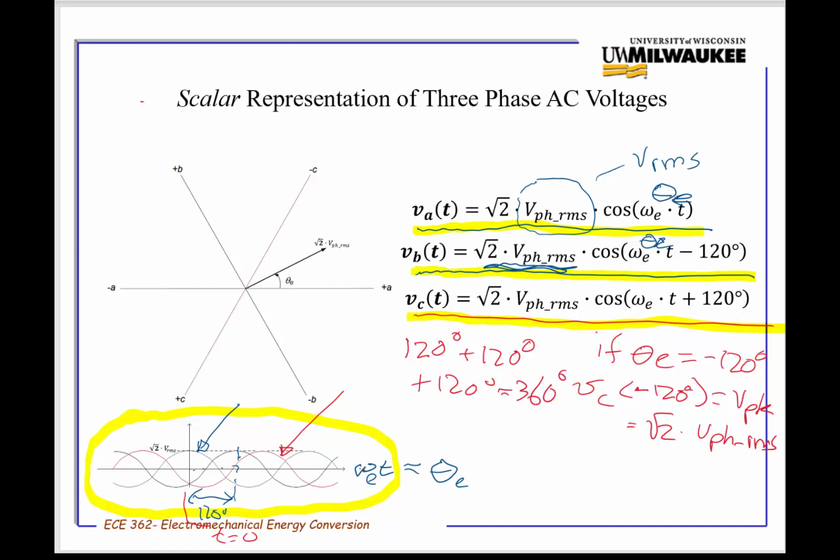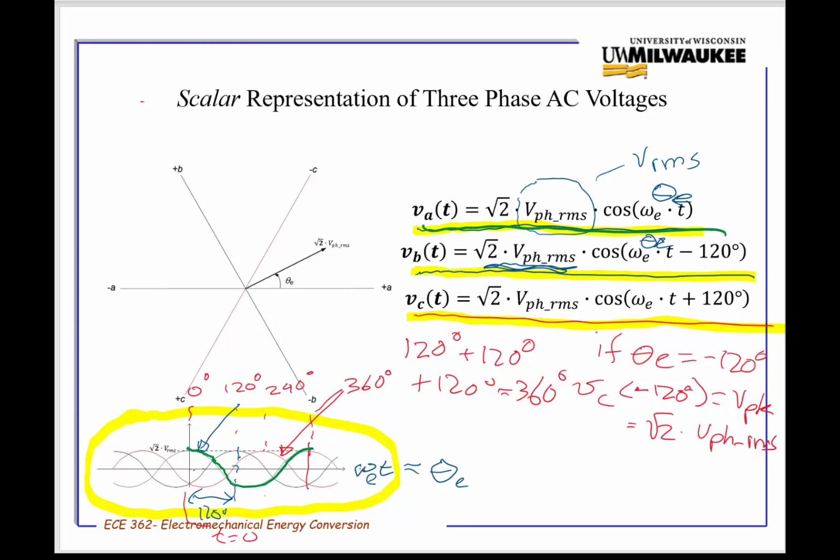So if we said this is 0 degrees, this is 120 degrees, this would be adding the next 120, that would be 240 degrees, and then this point right here would add the other 120, that would be 360 degrees.